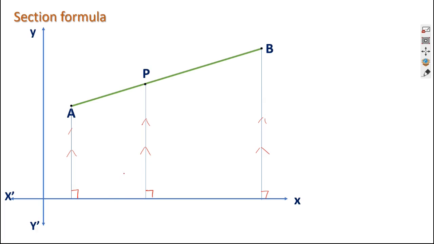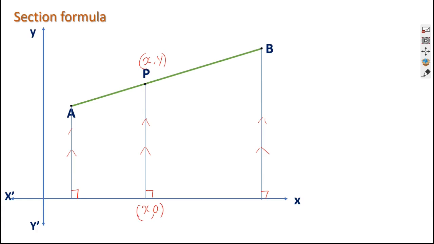And also, though the coordinates of this point are not given, we can at least designate them with the help of x and y. So let us mark the coordinates at P as x, y, and in that case this foot will also have x, but y will be 0.